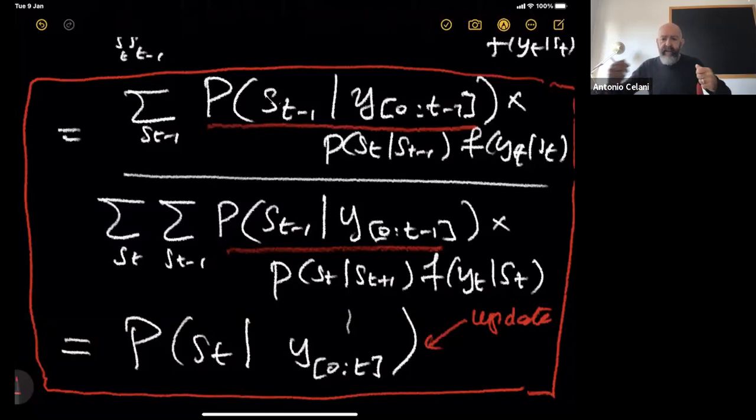Okay? So I can go along with time sequentially. If I start out with a certain probability distribution over states, I will include my new observation and so on and so forth.